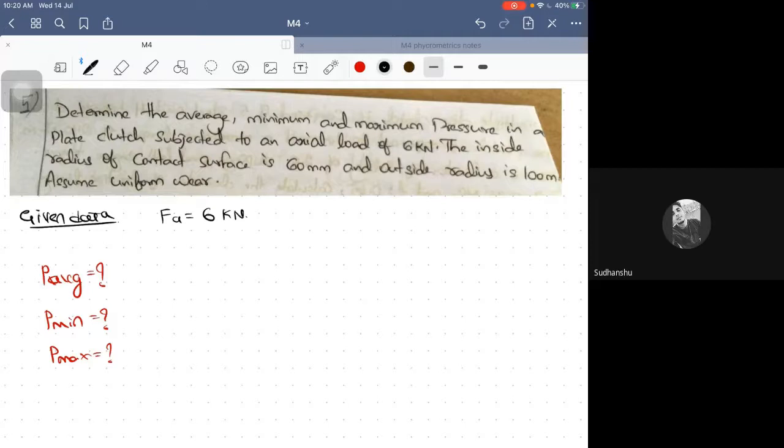The inside radius of contact surface is 60 mm, and the outside radius R naught is 100 mm. So you have to assume uniform wear to calculate all this.